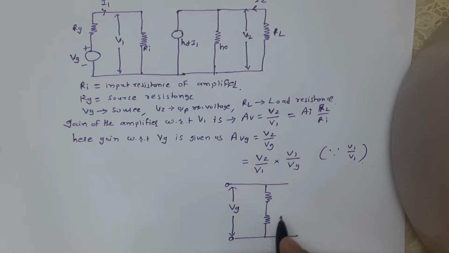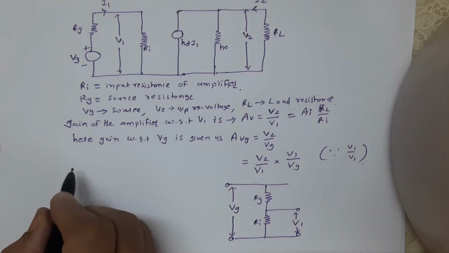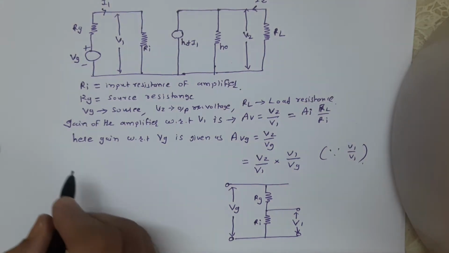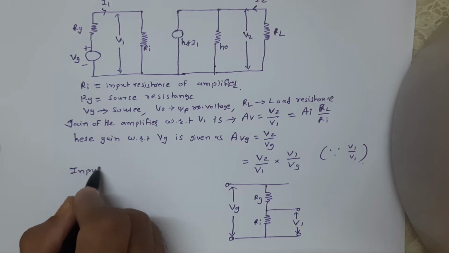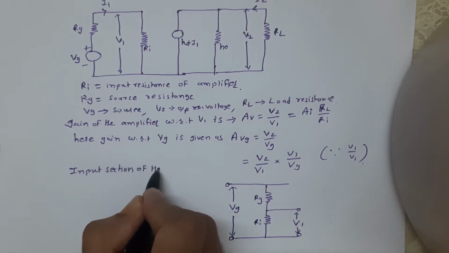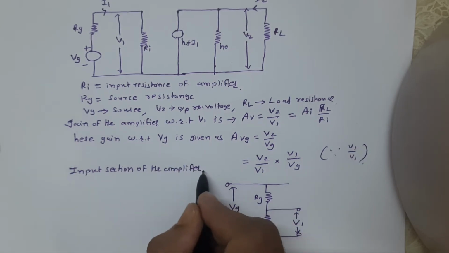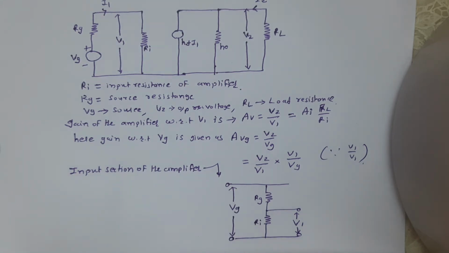This is your Ri, and across the Ri there is a V1. So this is your input section of the amplifier.